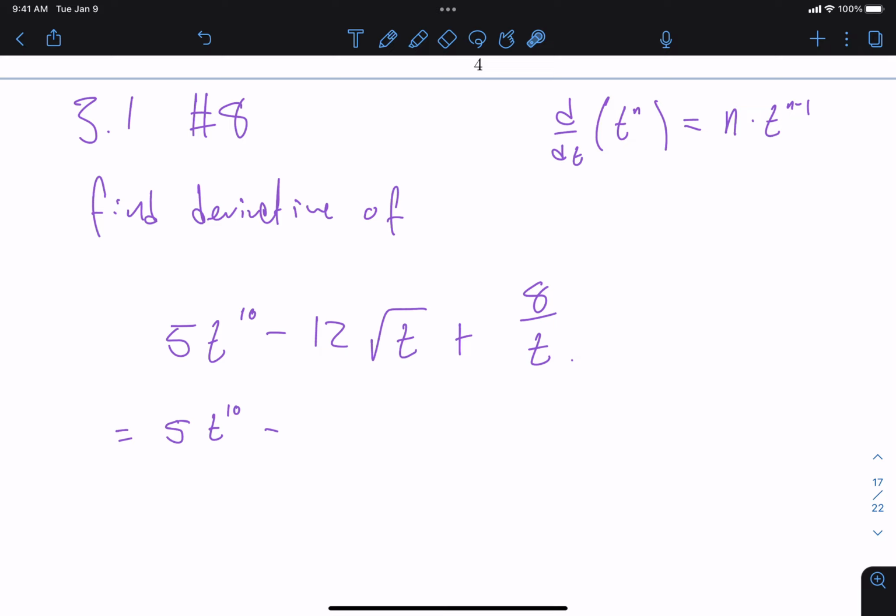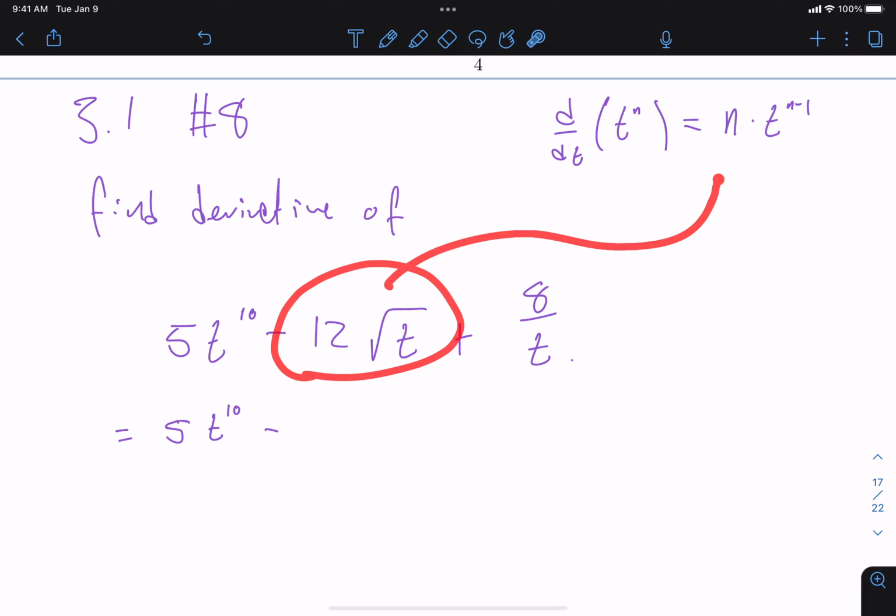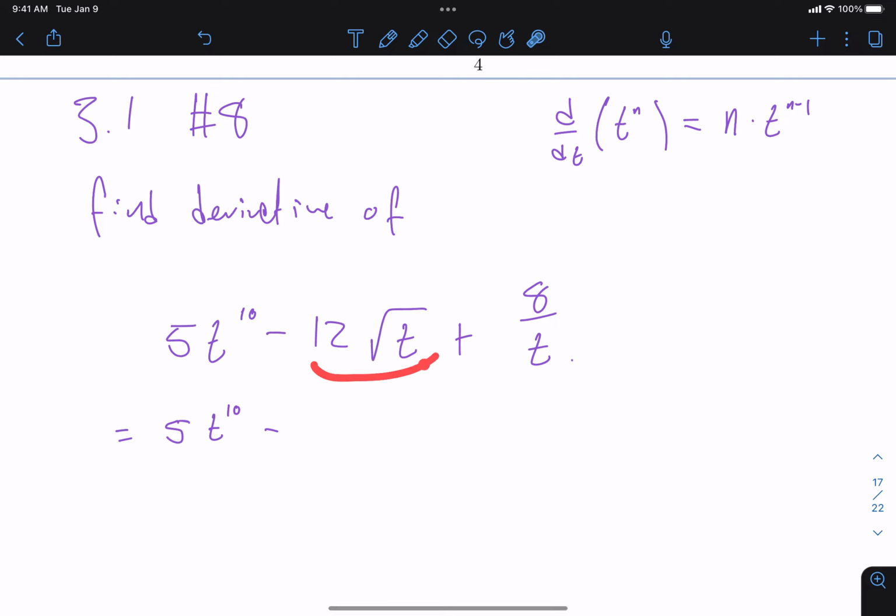But I'm going to change this one to look like what's in the parentheses here, right? So I can write a square root as a power if I write it as t to the 1/2. Likewise, with 8 over t, I can rewrite that as 8 times t to the negative 1.